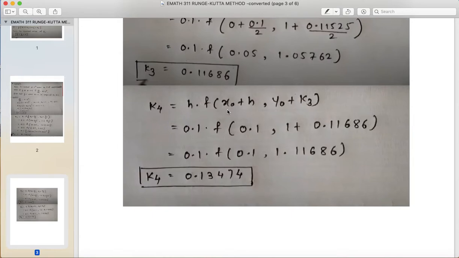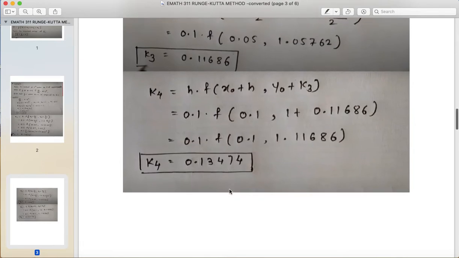So we have k4, whose formula is h times f of x naught plus h, and y naught plus k3. Our h is 0.1 times f of x naught plus 0.1, and y naught is 1, plus our value for k3, 0.11686. We come up with an answer, 0.13474. So this is our k number 4.